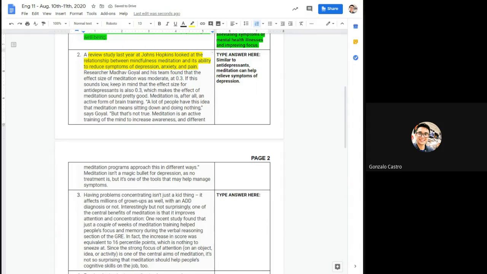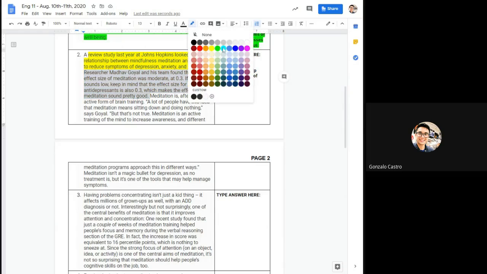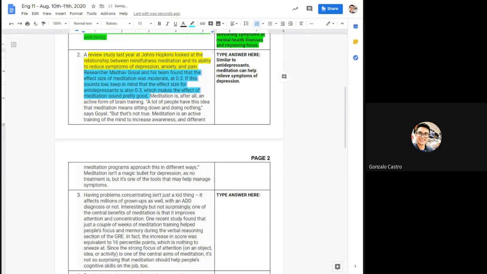Another key detail is that according to the study, they discovered that meditation had a similar effect in alleviating depression as antidepressants. So we're going to go ahead and highlight that key detail.